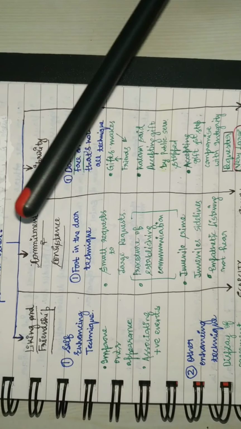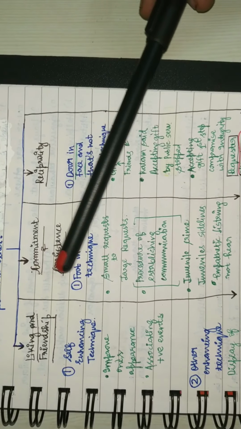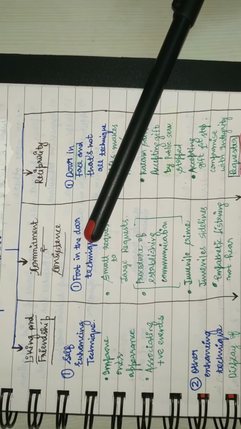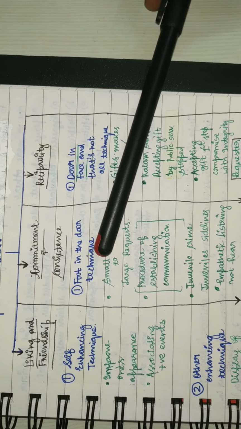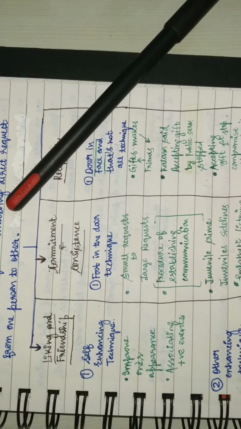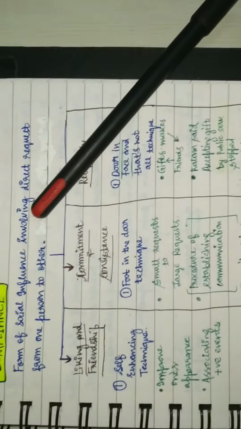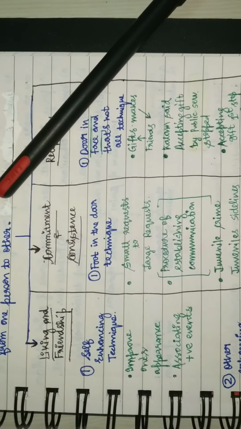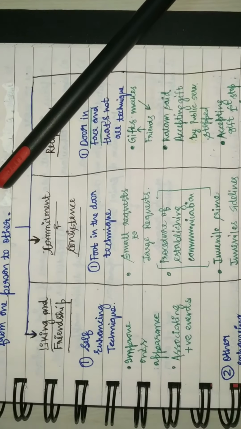The second is commitment and consistency, the foot in the door technique. This technique says that if a person whom you are requesting is closing the door, put your foot in.